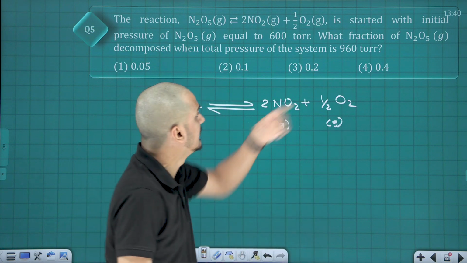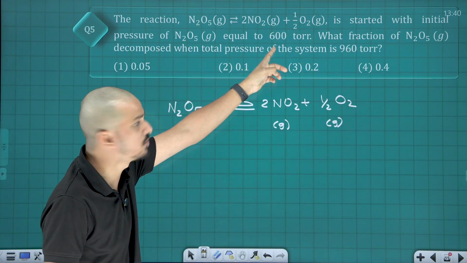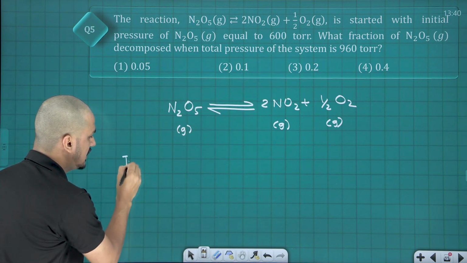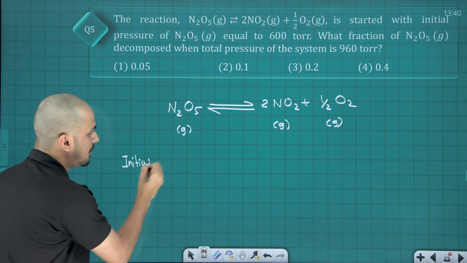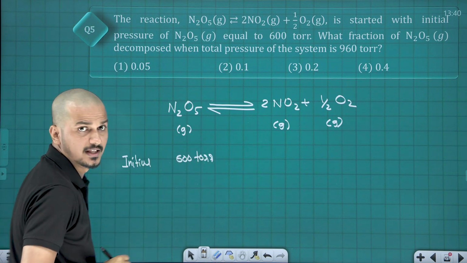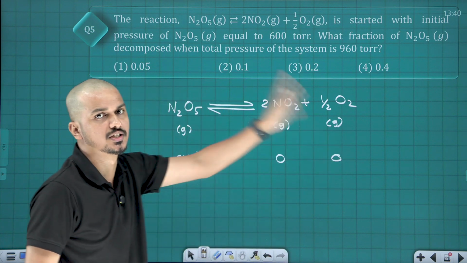Then they are telling it started with the initial pressure of N2O5 gas equal to 600 torr. So initial pressure is 600 torr. At that time there is no NO2, there is no oxygen, so their pressure is 0.